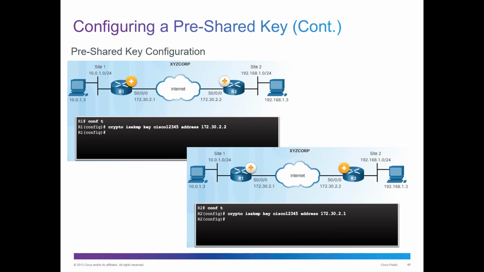Here's an example of the configuration for our key on R1 and for R2. The top screen is R1, bottom screen is R2. As you see, we're setting our crypto ISAKMP key and our peer address. So on R1, we're giving it our key and our peer, our router 2 address, and on router 2, we're giving it a key and our peer, also known as R1 address.